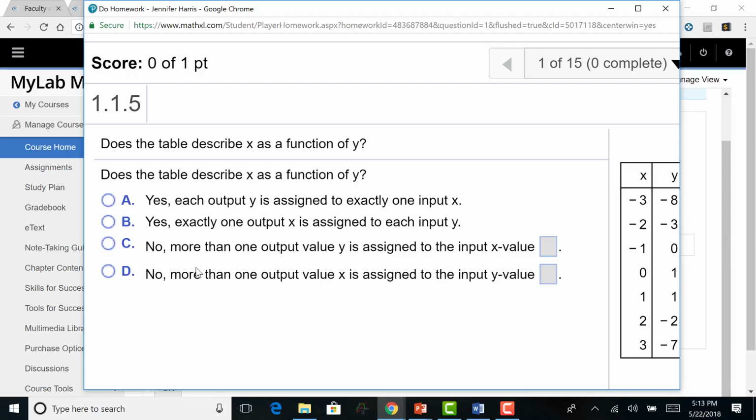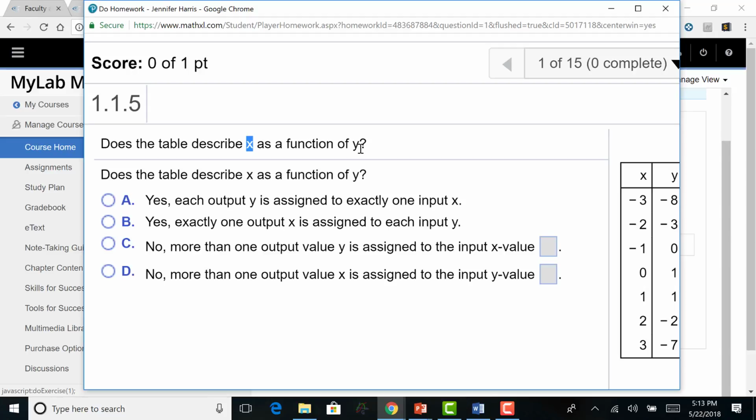Anytime you see that statement, where you see "described as," the variable in front of it is always the output, whatever letter that is. You got what I'm saying? The other letter or variable is always the input, whatever letter they choose to use. So you're always going to be looking to see if the numbers in that column are all the same, or are they all different.